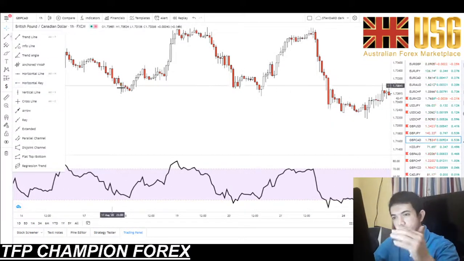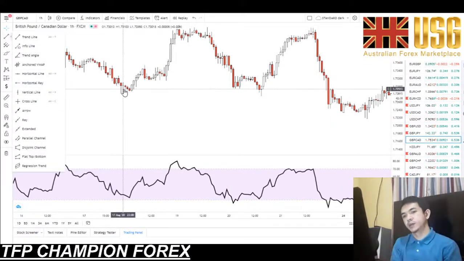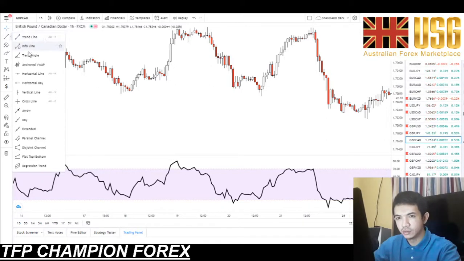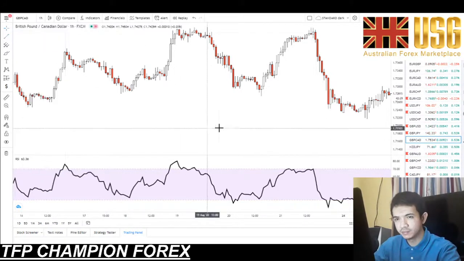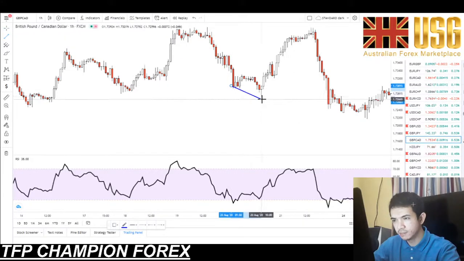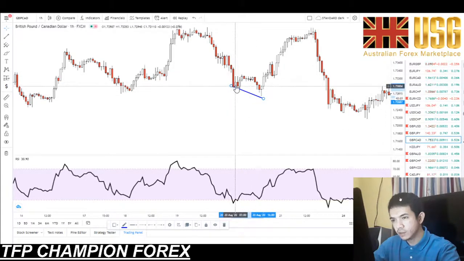All right, now I'll be teaching you how to train your eyes, or pattern recognition, on how to identify divergence in general. Right, so just a random back testing. You can see here that the price created a lower low, from a low, then lower low.